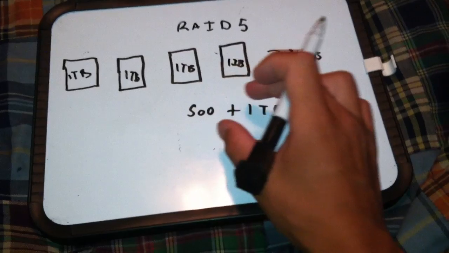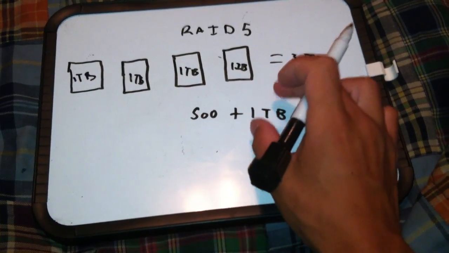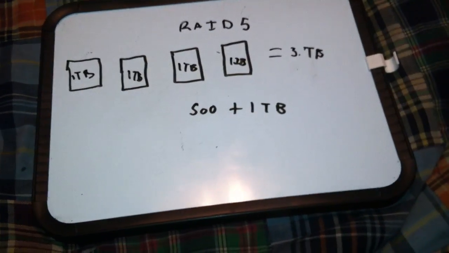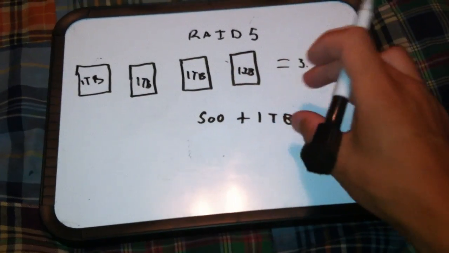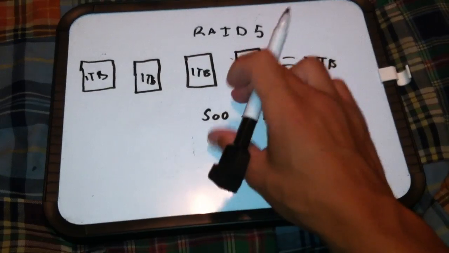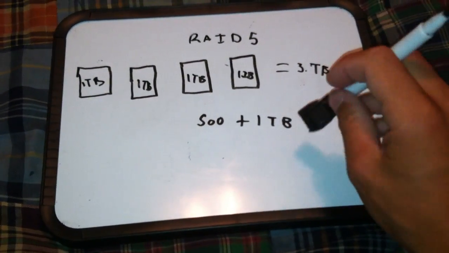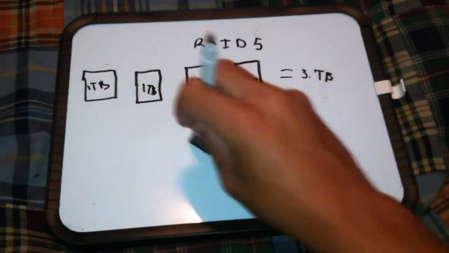Because you can't back up 1,000 gigabytes of data on a 500 gigabyte disk. You can back up 500 gigabytes onto a terabyte, but as soon as you hit 500 gigabytes of data, you're not going to be able to back it up anymore. So you're only as good as the smallest disk.